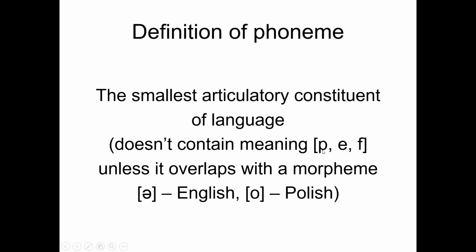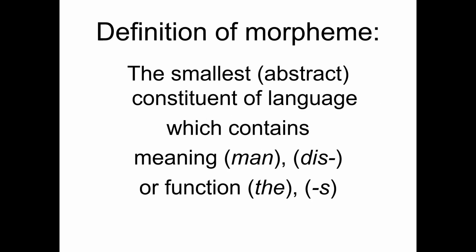Like p in English doesn't have meaning in English. But of course, if it overlaps with a morpheme, like I have said, the indefinite article, or the Polish preposition o, which is used for the locative case.